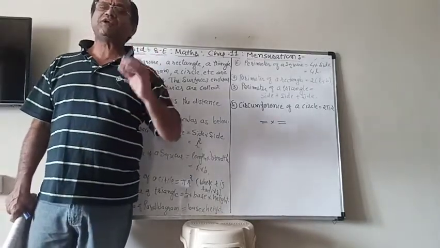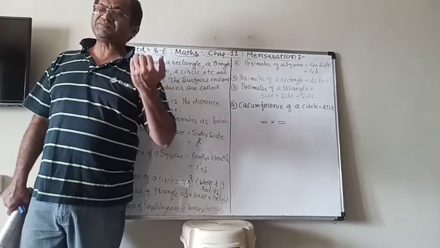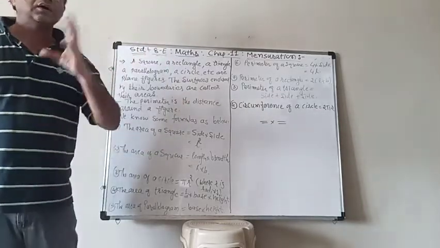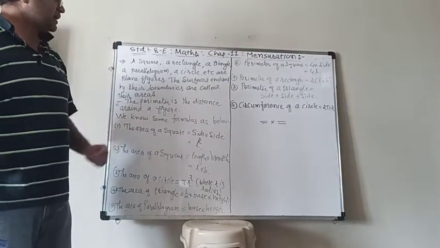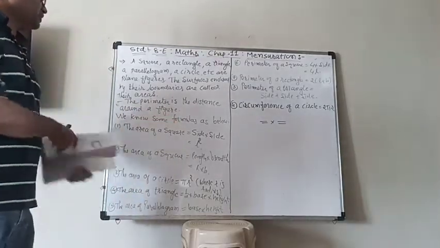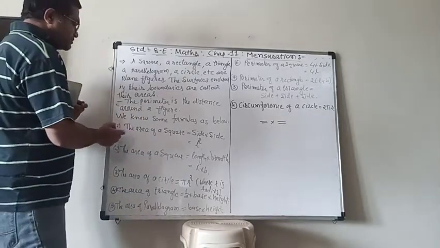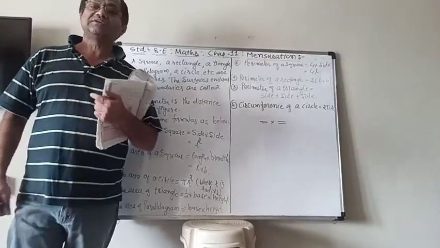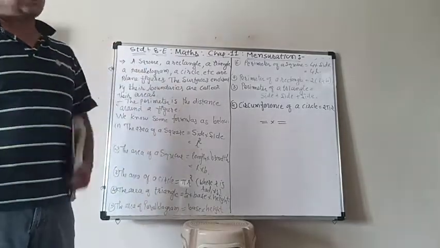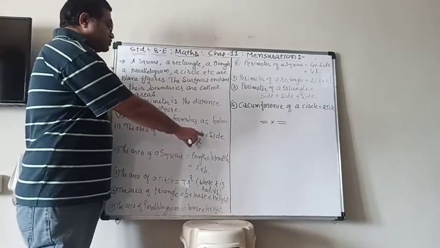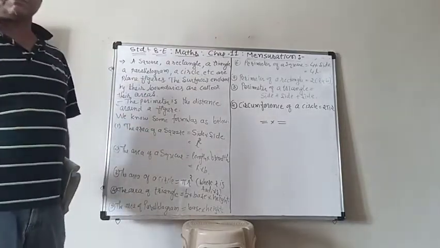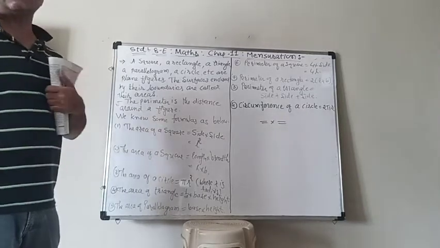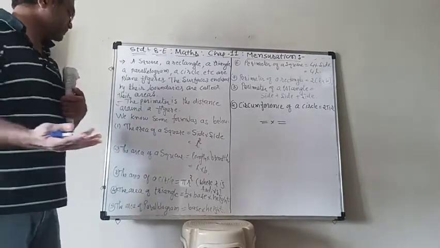We also know some formulas to find the areas and the perimeter of some figures. Here I wrote down some formulas. First, the area of a square. We know that the square has all sides equal. So the area of a square is equal to side multiplied by side. That is, if you say length, you can say it is L multiplied by L or L square.